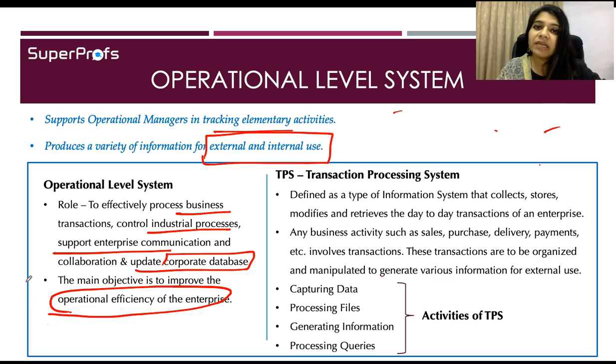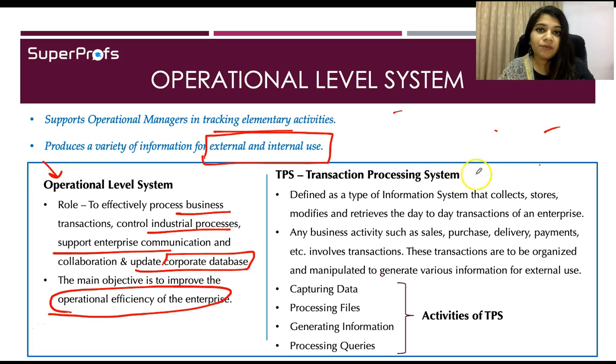If your day-to-day activities are properly done and accurately executed, then further level management will also have their tasks started fine. Otherwise, if the activities are not executed properly at the operational level, then what will strategy do? In that case, it would be very difficult to manage. So the operational level system has to be good.